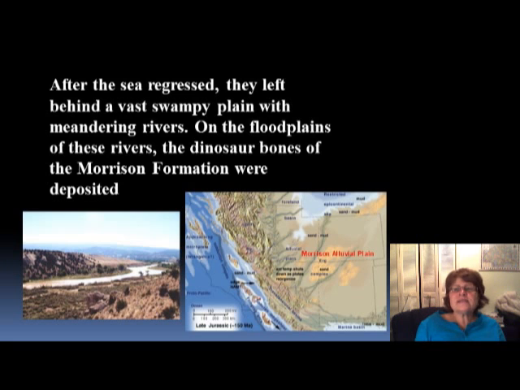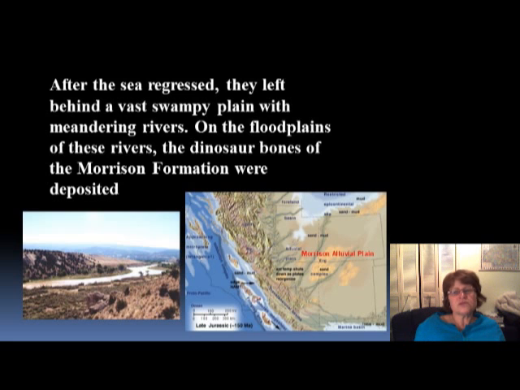After the sea regressed, it left behind a swamp area, basically, and this is the time for the so-called Morrison Formation. The Morrison Formation has a lot of dinosaur bones, so this is the most famous formation, and Dinosaur National Park is also in the Morrison Formation.